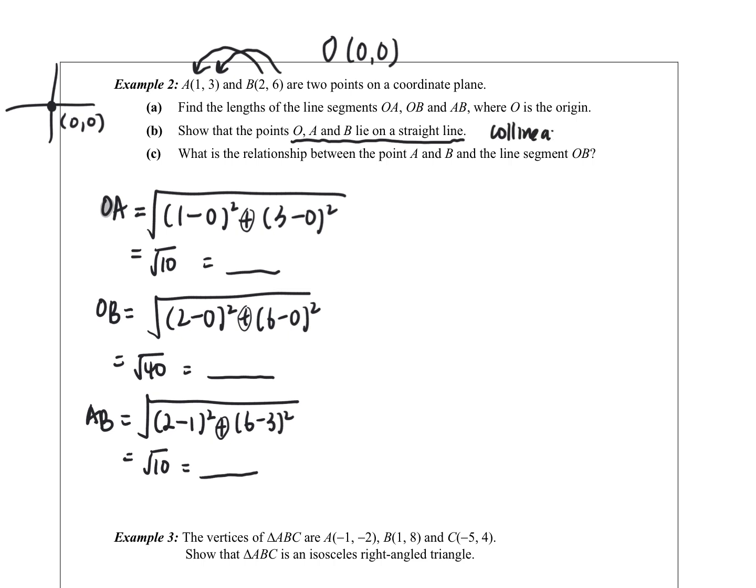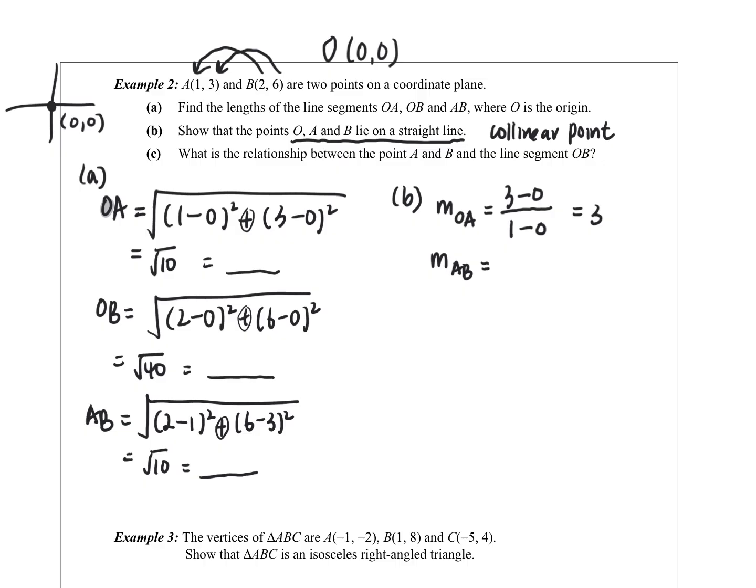So collinear points, what's so special about it? They have the same gradient. So what I need to show is that they have the same gradient. So I check gradient of OA, it's y2 minus y1 over x2 minus x1. So gradient is 3. So I want to check gradient of AB also.